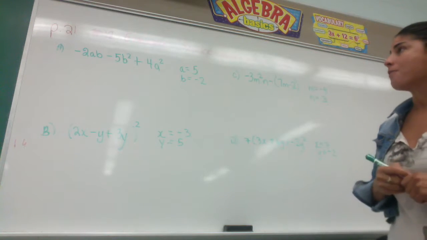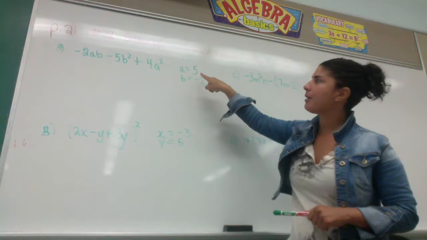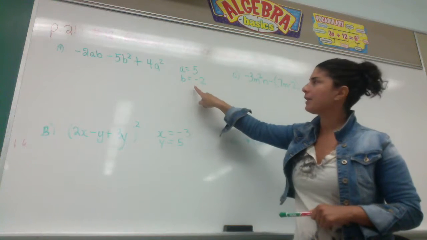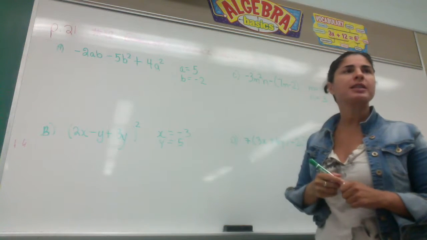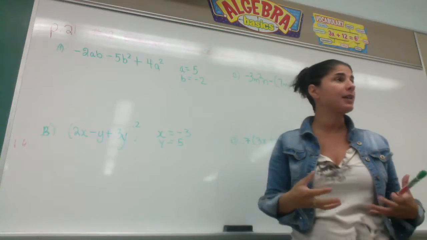So let's look here. I am going to replace in number A, the A by 5 and the B by negative 2. So watch this, because it will help you for your quiz when it comes to the integers and finding the answers to it.